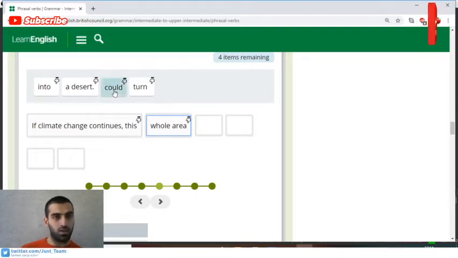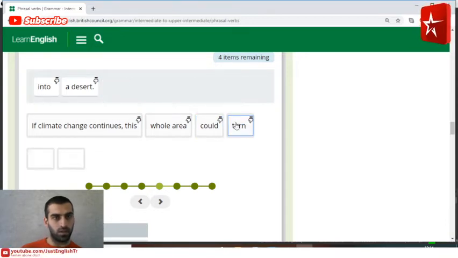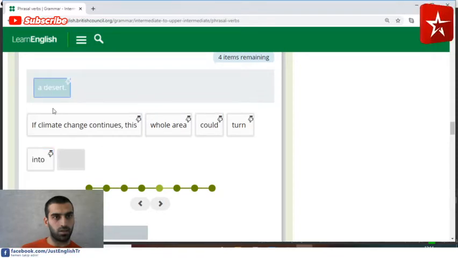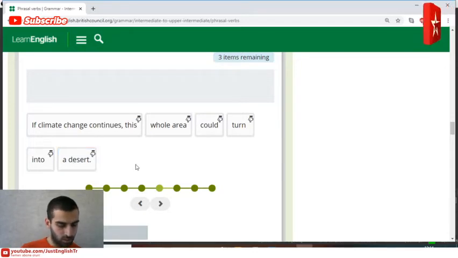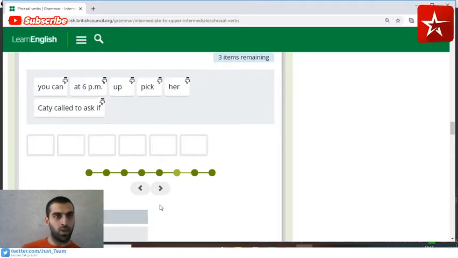Okay, could turn, right, into a desert. Great. Okay, thank you. Thanks so much for your answers. Let me check your comments. Maybe says the whole area could turn into desert. Yes, that's the correct answer. Great. And next one, you can.